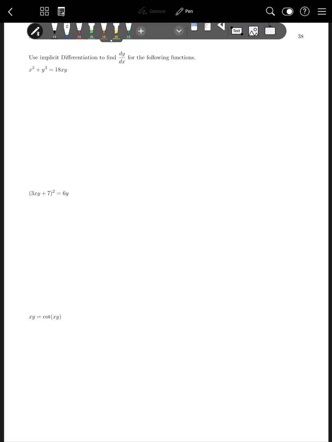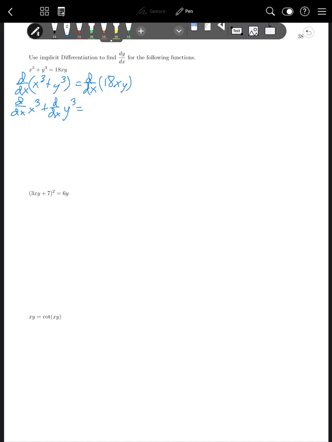So, same idea as what we did before, right? So start out by taking d/dx of both sides. Okay, so on the left-hand side, we're just using the sum and difference rule. So d/dx of x cubed plus d/dx of y cubed.